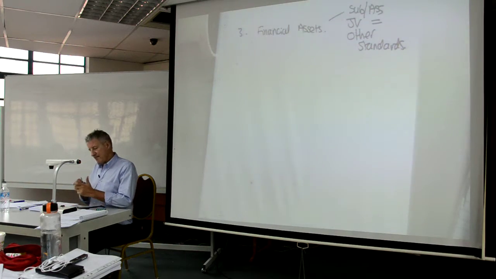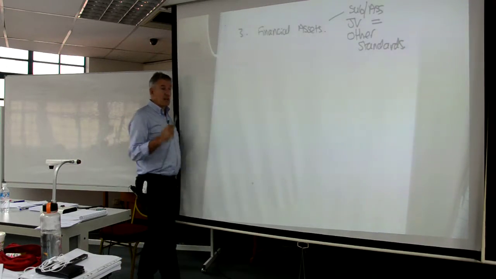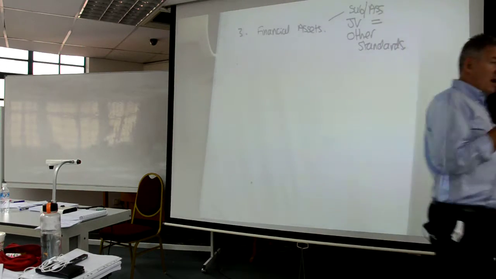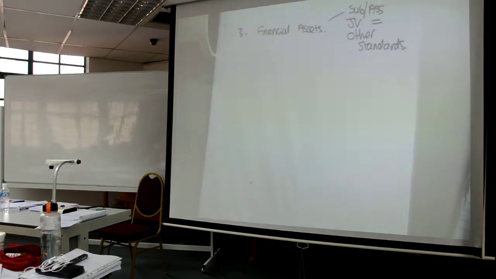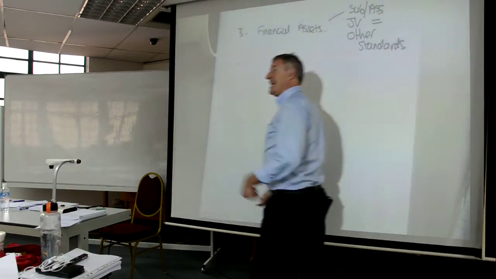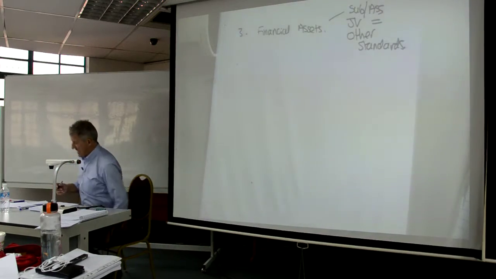So when I talk about financial assets, I'm basically talking about two types of things. One is a right to receive money. A right to receive, a debtor, a receivable, a bond, a loan, a right to receive cash, or secondly, an investment in equity shares, equity instruments of another entity.